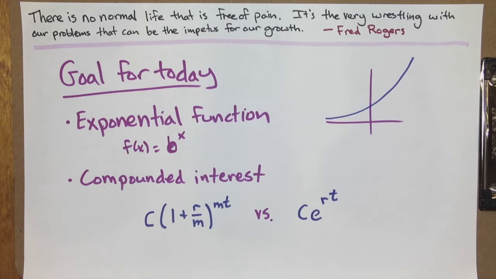This is a typical sketch. We'll talk more about this in a minute. Now, where are we going to look at it? Well, we're going to look at compounded interest. So in other words, we'll start by thinking about, how does money grow? If you make an investment, you can expect some kind of return. And oftentimes you say, well, I want a certain percentage back.